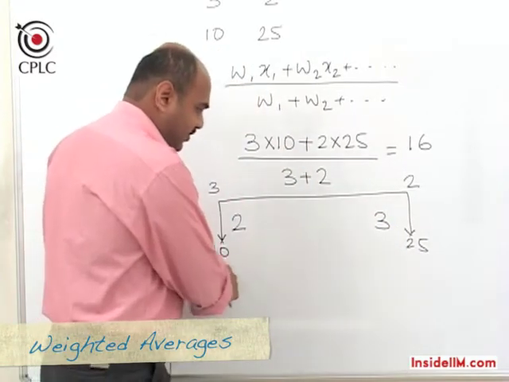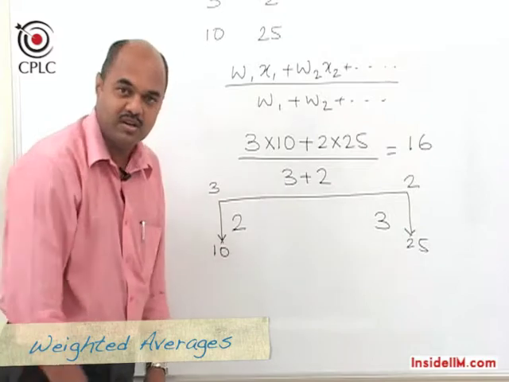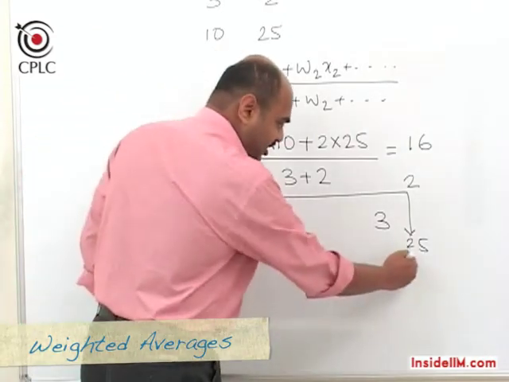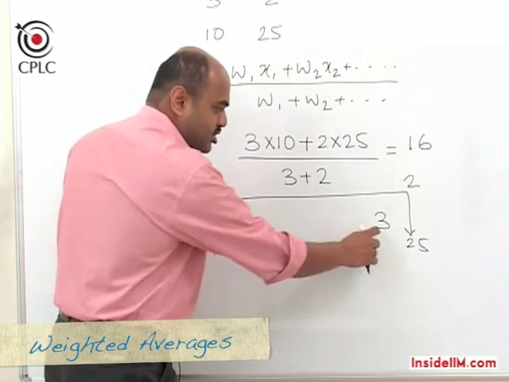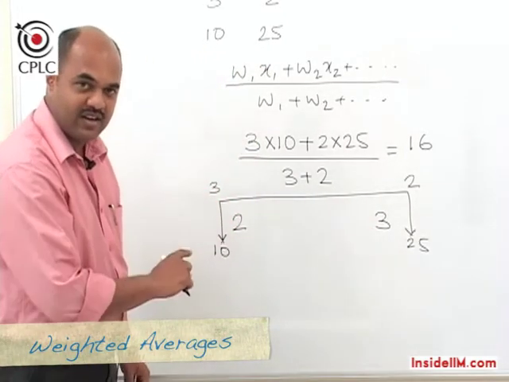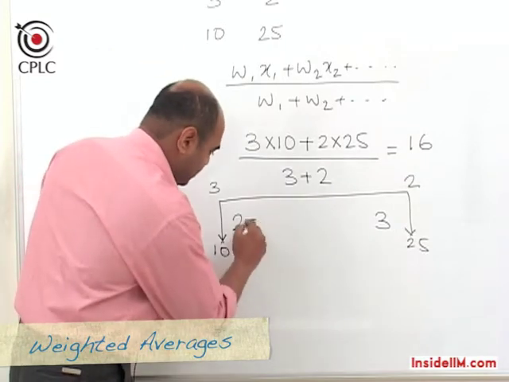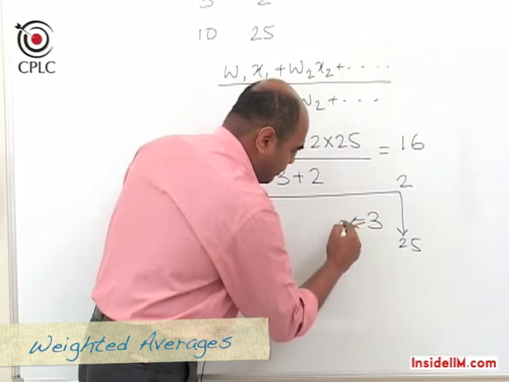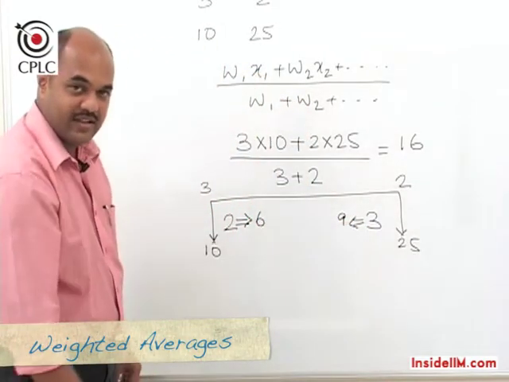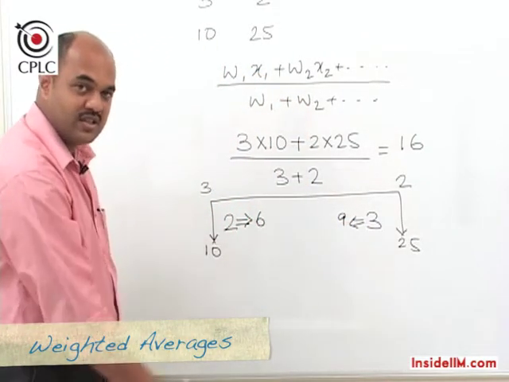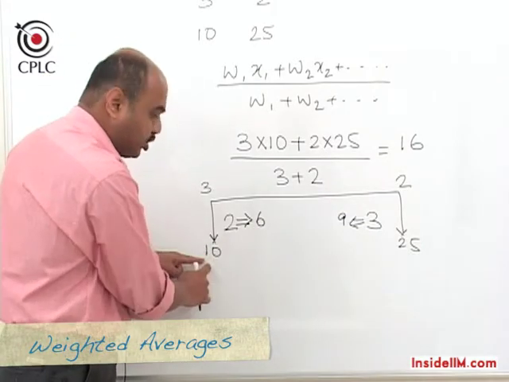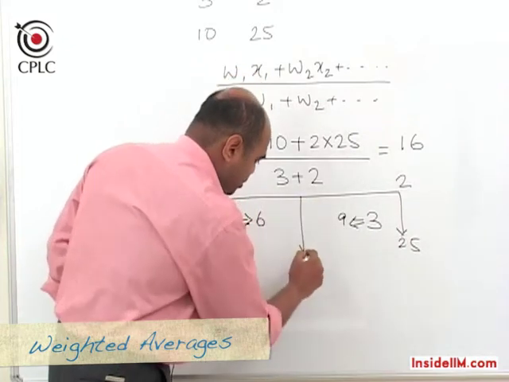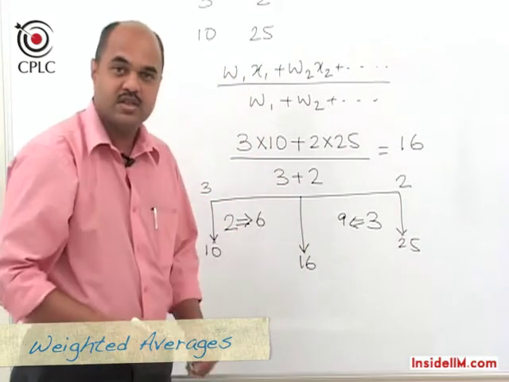If I check the difference, which is 15 between these two values, I need to divide this difference of 15 in the ratio 2:3, and if I divide it in this ratio 2:3, then these two parts would imply 6 and these three parts would imply 9, and hence the way I would balance this lever is if I add 6 to 10 or if I subtract 9 from 25, which would give me the same value 16.